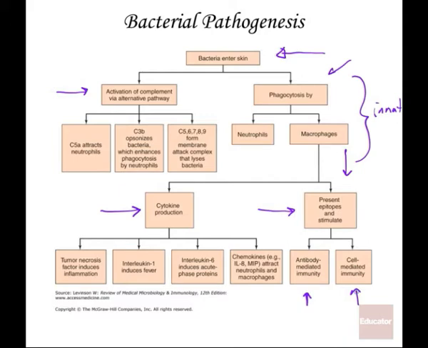So really, this is what bacteria do in relationship to eliciting host defenses. But there are other things that bacteria do as well, so we're going to discuss it in today's lecture.